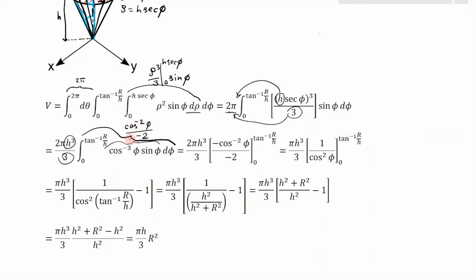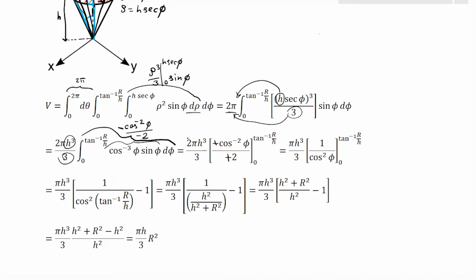If you differentiate this, you are going to get also negative sine phi. So sine phi is fine, but then the negative is not. So we need to put a negative here. So now we have negative cosine to the negative 2 phi over negative 2. And then these negatives cancel. And then the limits are 0 and tan inverse r over h, okay.